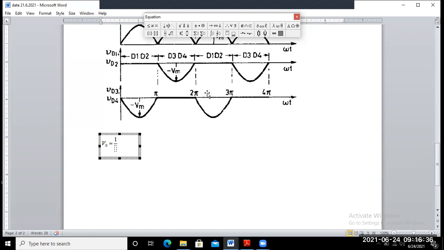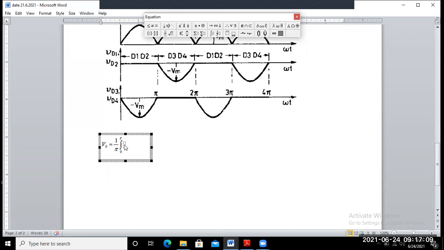So 1 by pi, integration from 0 to pi, that means 0 to time period. The time period is pi, so 0 to time period, that is 0 to pi, of Vt dt.